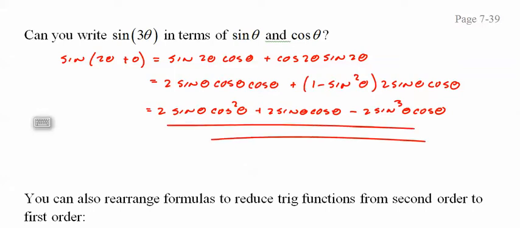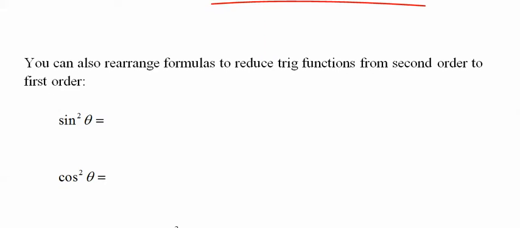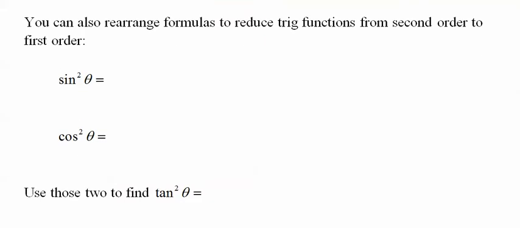All right, so that's how we can break those down. There's no formulas to remember. But you can also rearrange formulas to reduce trig functions from second order to first order. So this is kind of cool, kind of a big deal. It all is based off of the cosine of 2 theta equaling 1 minus 2 sine squared theta.